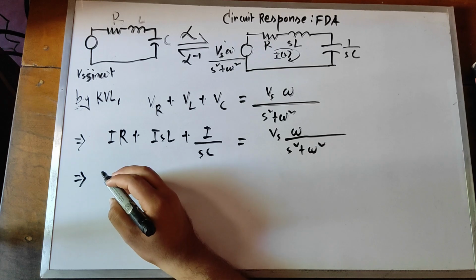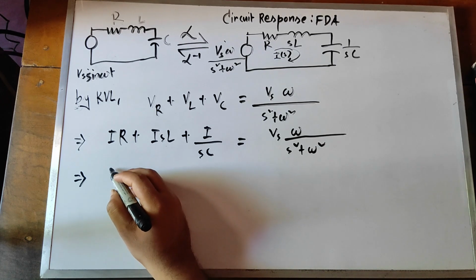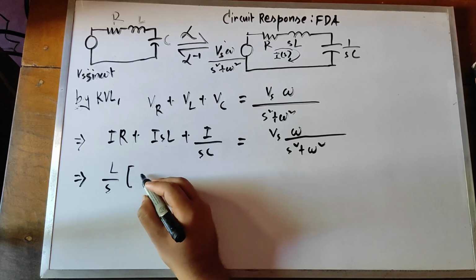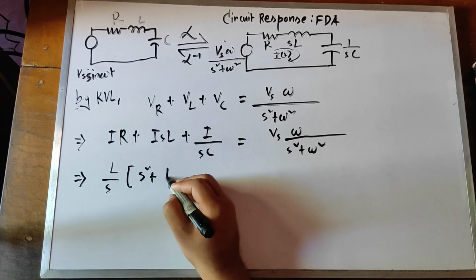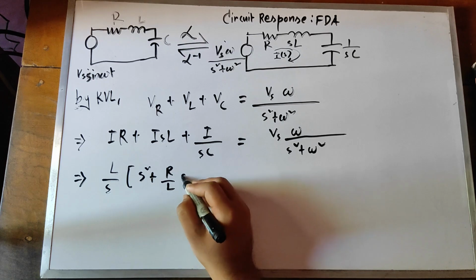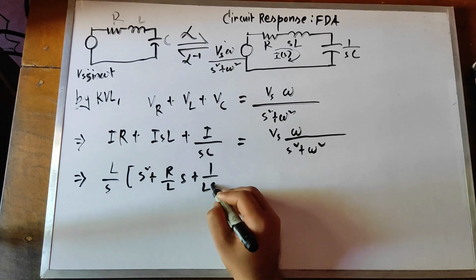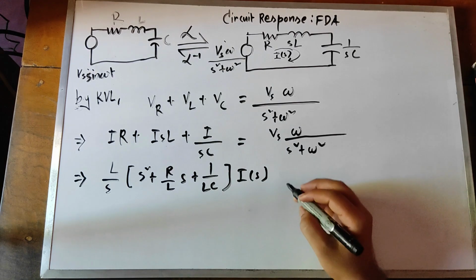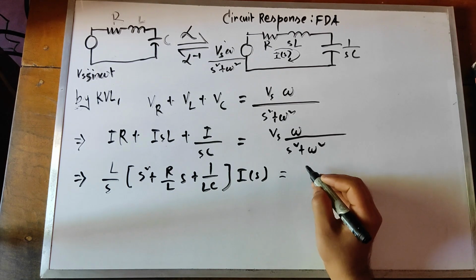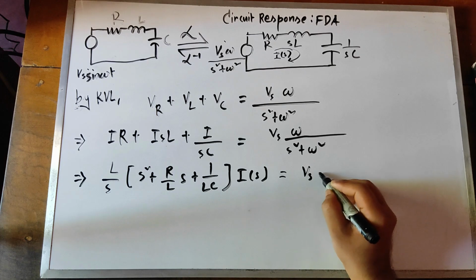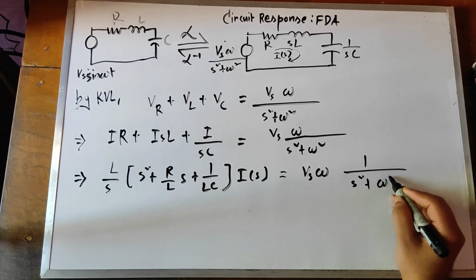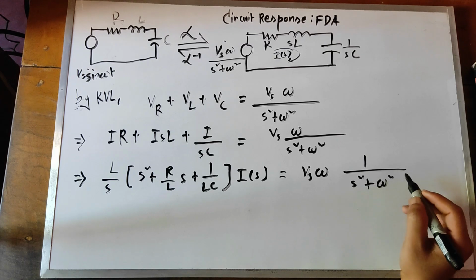If I take L by s common, I will get s square plus R by L s plus 1 by LC times I, which is a function of frequency, equal to Vs omega by s square plus omega square.